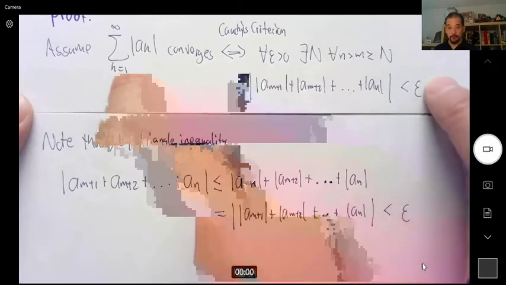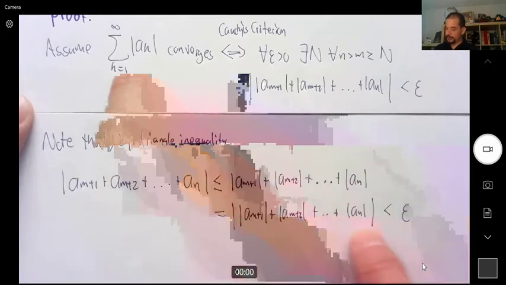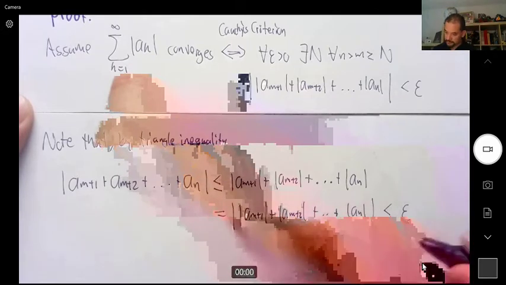So that capital N had this property, and it's a good thing that what we want is even smaller than the one we know. The one we know is less than epsilon. Therefore, the one we want is less than epsilon. And we are done, right? So by the triangle inequality, this is less than epsilon.